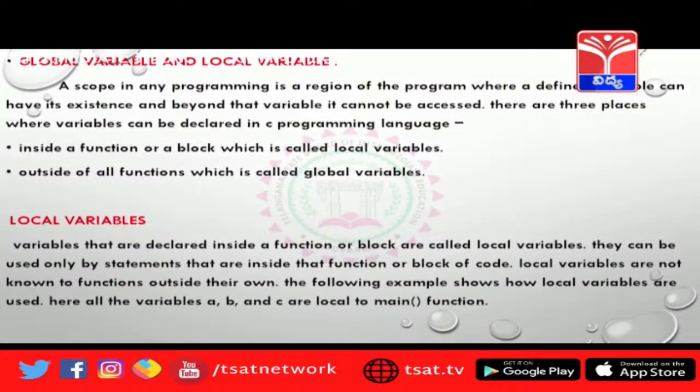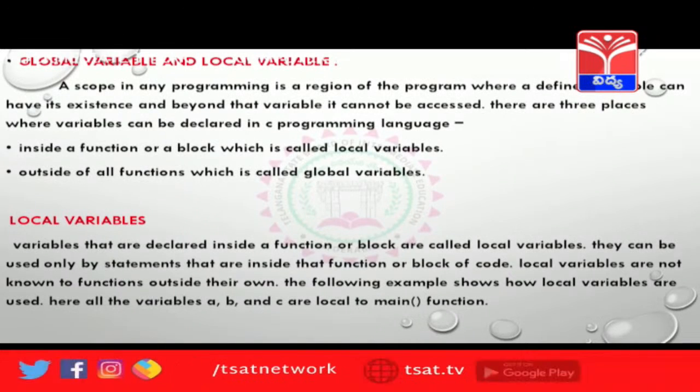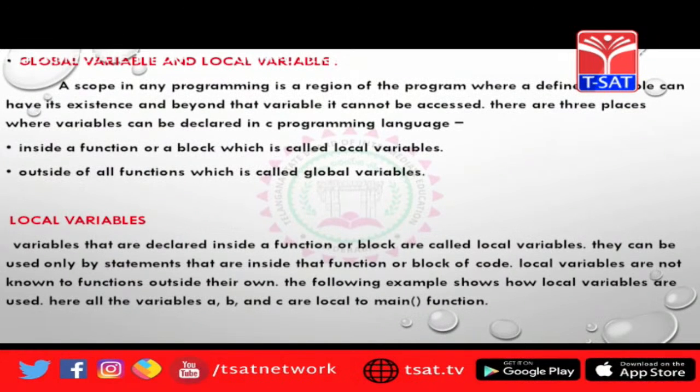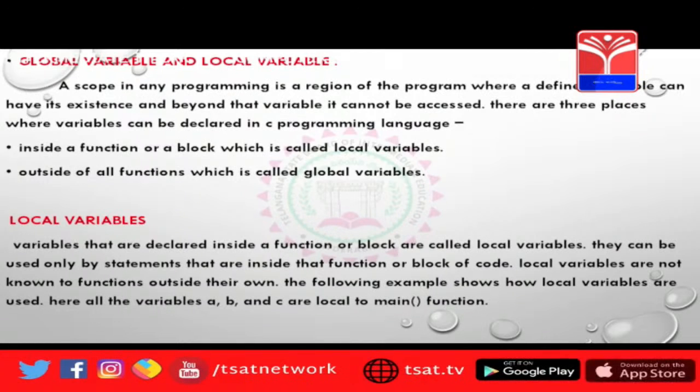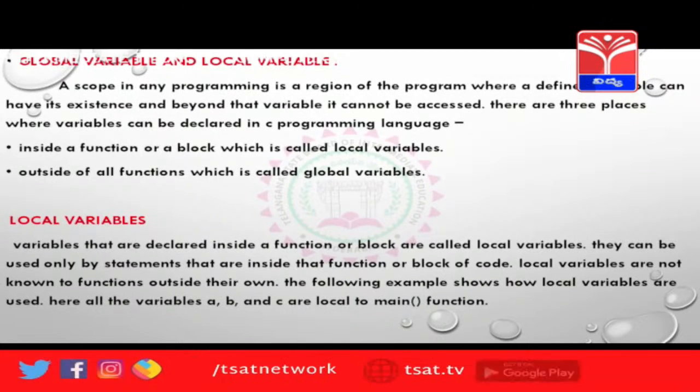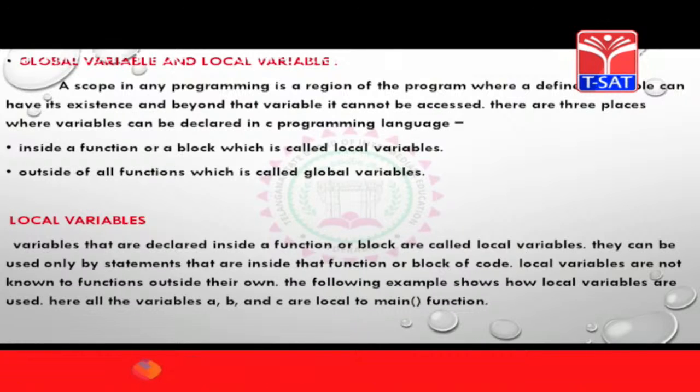There are three places where a variable can be declared in a programming language. First, inside a function or block, which is called a local variable. Outside of all functions, which is called a global variable.